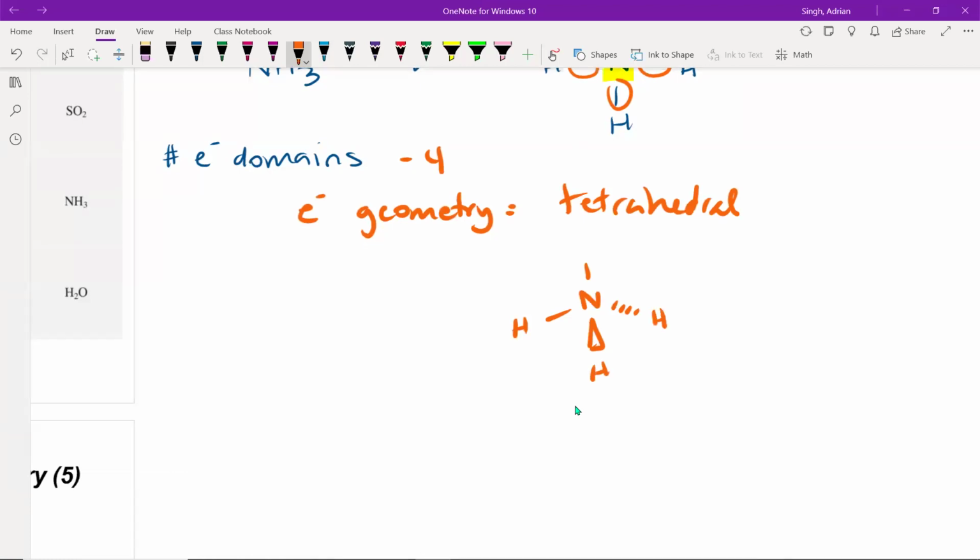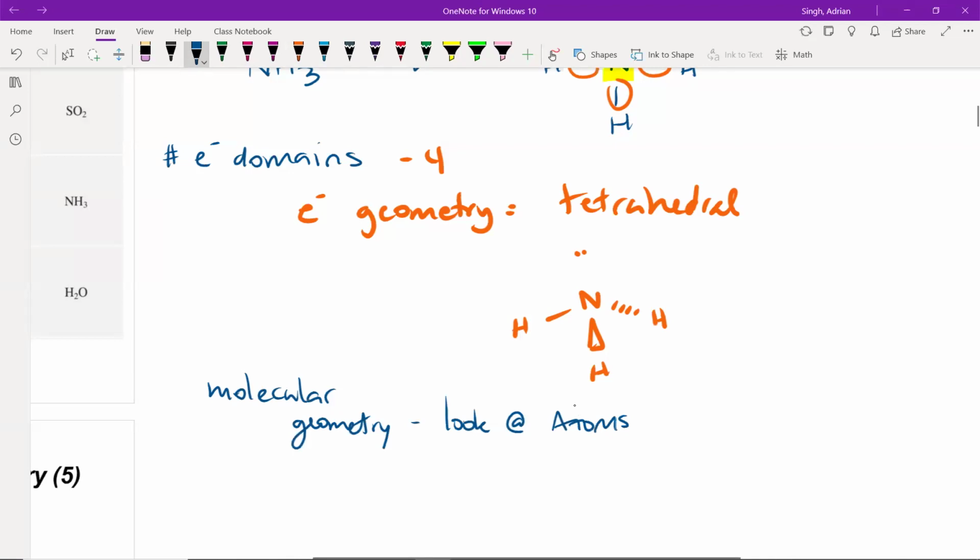Okay, and then I have my lone pair up here. So that's not a bond, that's actually a lone pair that's on top, right? Those are my 4 electron groups arranged in that tetrahedral shape. Now, when I look at my molecular shape or molecular geometry, I just look at the atoms.